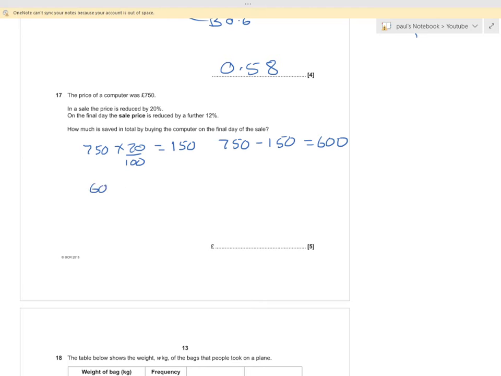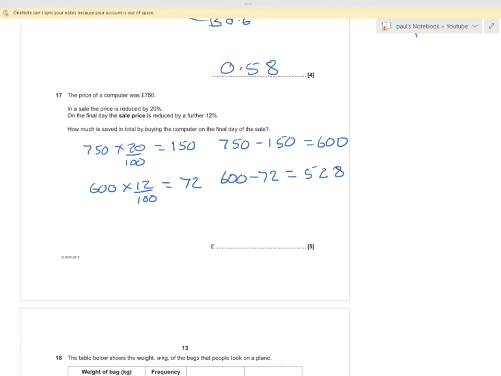On the final day of the sale, it's reduced by a further 12%. So we've got 600 times 12 divided by 100, which is 72. So, what to do? Take that away from that. So 600, take away 72 is 528.